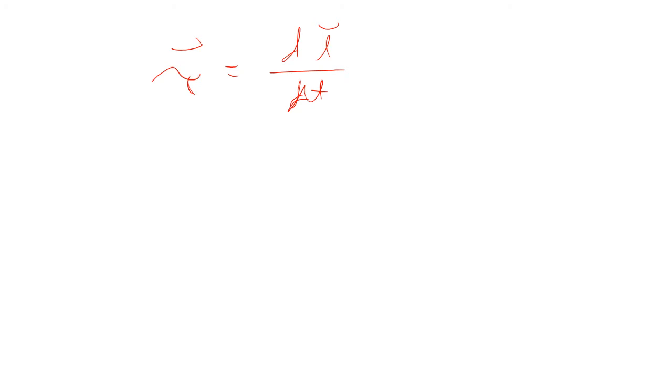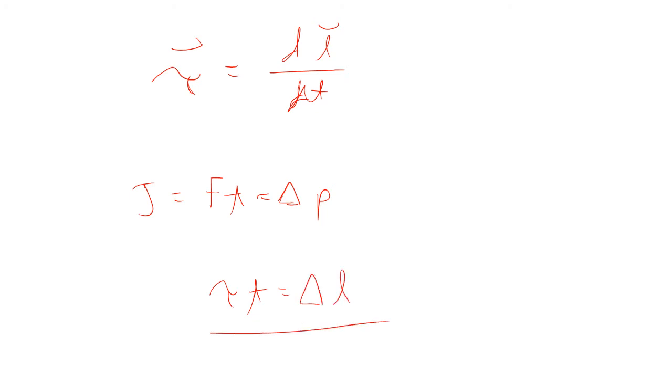Remember impulse from before was force times time, and that was the change in momentum. So torque times time will be the change in angular momentum. This is again analogous to some of the things that we've seen before.